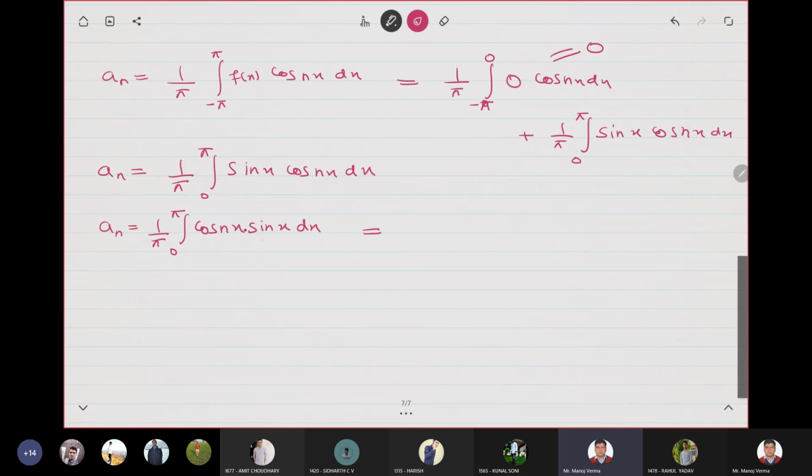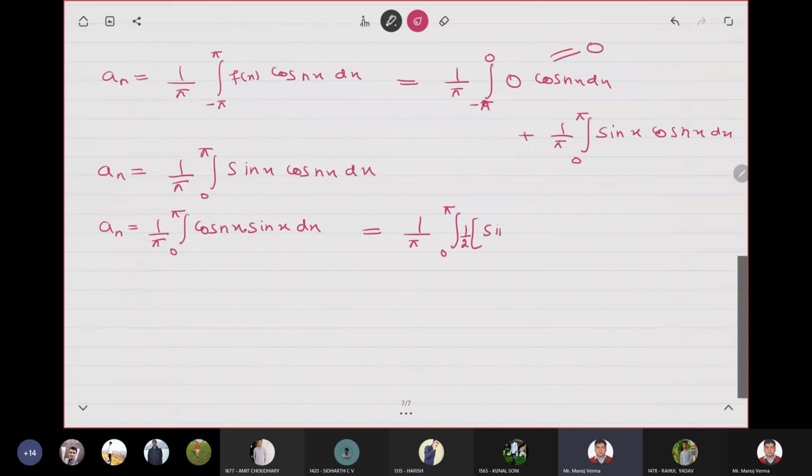If you recall, it will become 1 over pi, okay, integral 0 to pi, it will become 1 by 2 of cos a sin b.